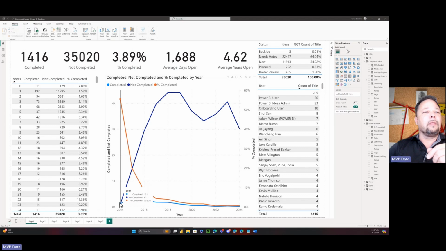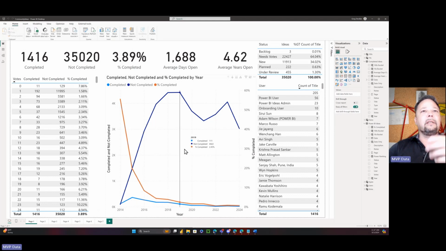The interesting thing is the highest completion rate is actually 2014. So if you were lucky enough to have the foresight to submit an idea in 2014, you have a greater than 50% chance that idea is now actually implemented in Power BI.